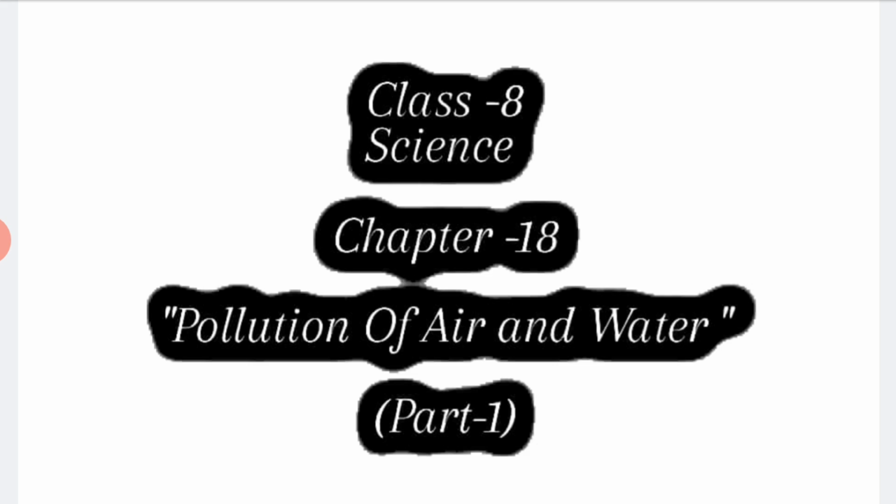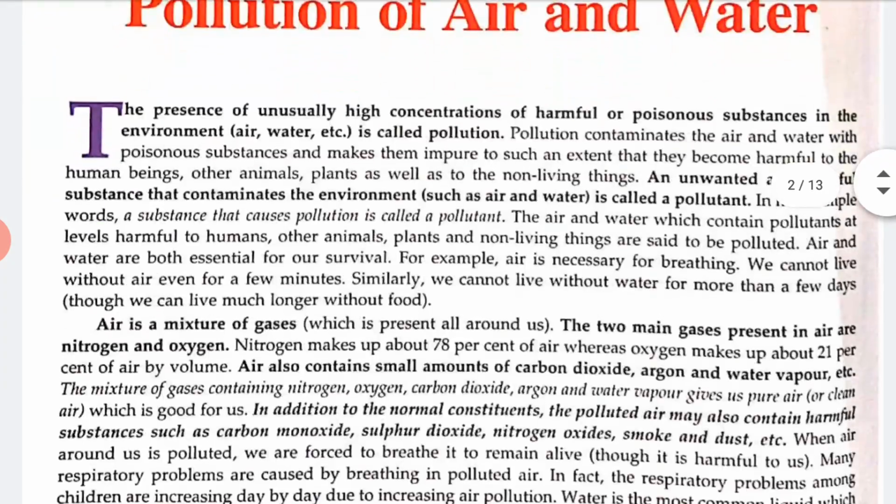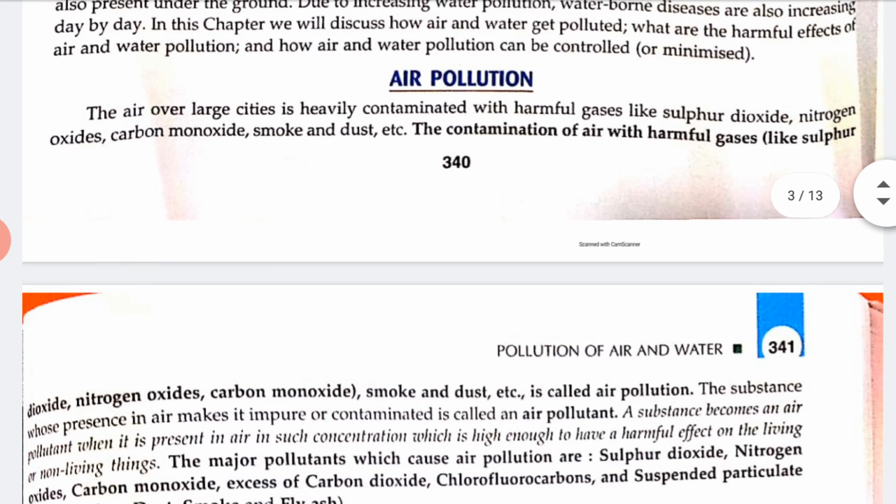So let's start with air pollution. What is air pollution? The air over large cities is heavily contaminated with harmful gases like sulfur dioxide, nitrogen oxides, carbon monoxide, smoke, dust, etc. The contamination of air with harmful gases like these is called air pollution.